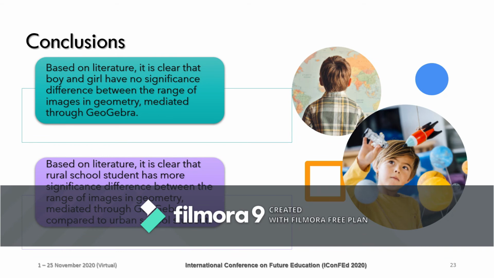Conclusion: based on literature, it is clear that boys and girls have no significant difference between the range of images in geometry mediated through GeoGebra. For the second conclusion, based on literature, it is clear that rural school students have a more significant difference between the range of images in geometry mediated through GeoGebra compared to urban school students.